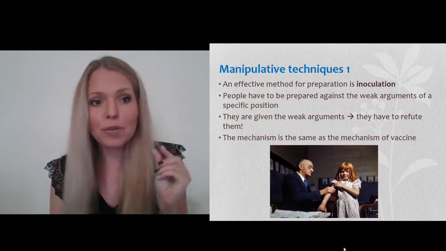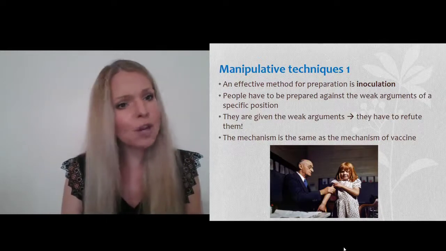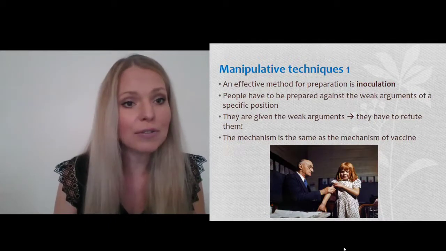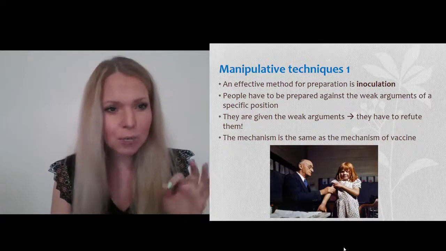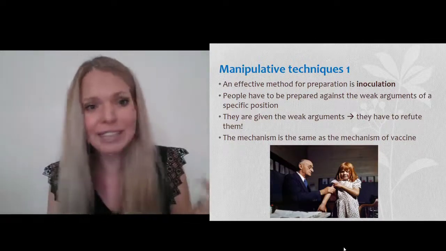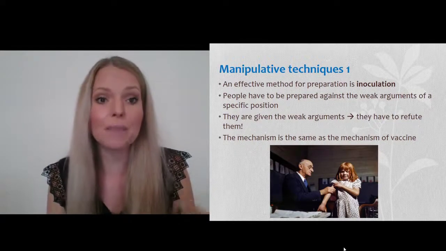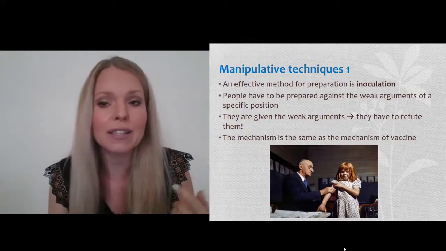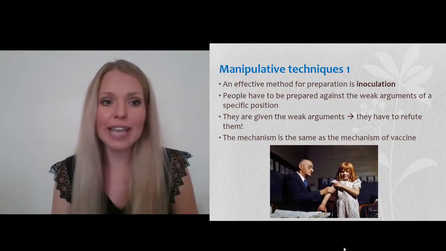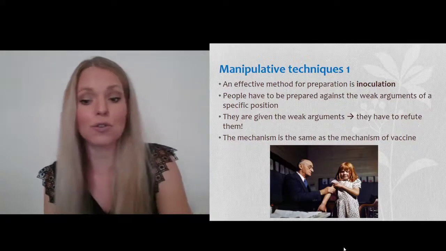They got a very weak, maybe even just bringing up the topic that, aren't you fed up of your girlfriend or your boyfriend leaving their stuff around in the flat? And only just bringing up this little question will make them think, and they will get into this in their heads. And in the end, they will be so bothered, they will bring it up and they will create the real arguments in their heads. Very, very sneaky technique, very manipulative technique, and it's really, really hard to get it out of your heads.